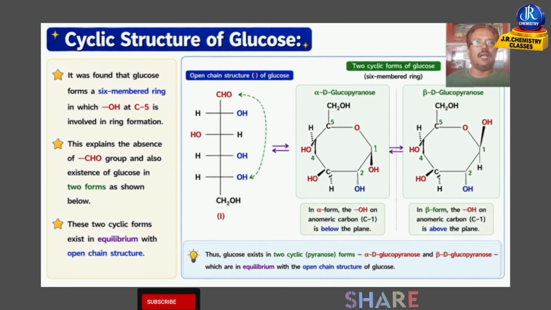This explains the absence of —CHO group and also the existence of glucose in two forms as shown below. These two cyclic forms exist in equilibrium with open chain structure.